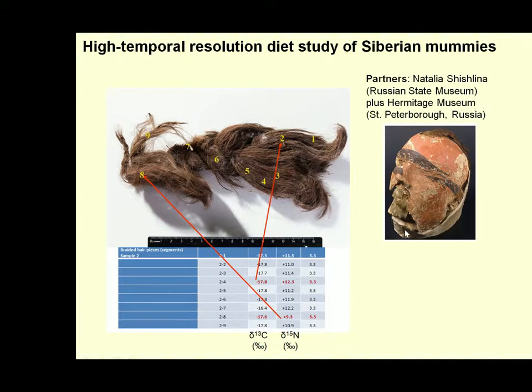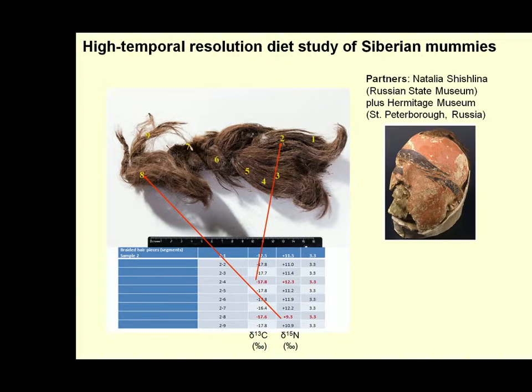And what was done here was that this hair strand was sectioned into 1 centimeter pieces, and in each of these pieces, their carbon and nitrogen stable isotopes were measured. And if we focus on the nitrogen results, these go from about 9 to 12 per mil. And this shift here was interpreted as an increased consumption of freshwater fish.